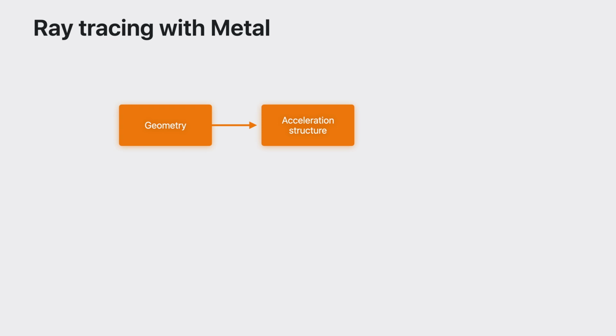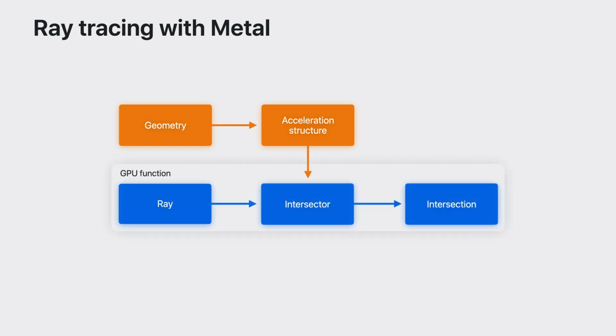To render with Metal ray tracing, the first step is to define your scene geometry and build an acceleration structure to allow efficient intersection. Intersection is performed from a GPU function that creates a ray. This GPU function makes an intersector object to perform intersection. The result returned from intersection will have all the information you may need to either shade the pixel or process it further.